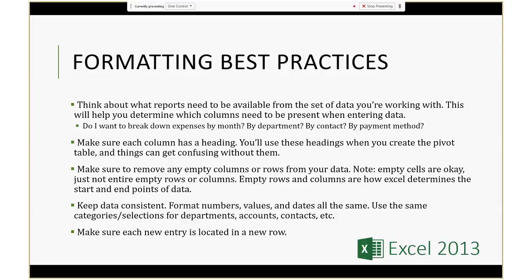And finally, make sure each new entry is located in a new row. The example we'll be doing today is a lot of expenses. So make sure that each expense that is created, each sale that is given, or each student grade gets its own new row, and that'll help you keep track of data and populate it in the most successful way.